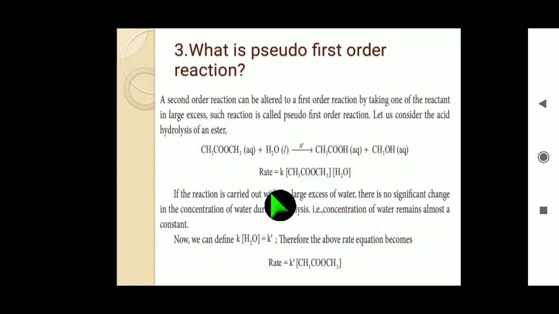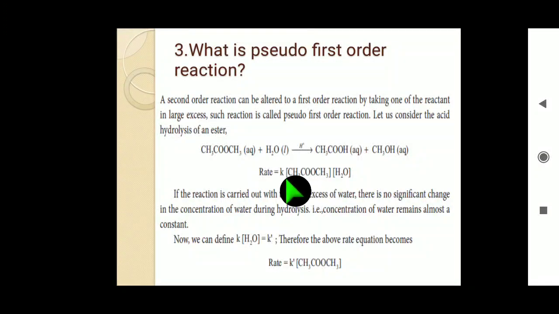From that we can find that the changes occur only in the methyl acetate, not in water. That's why the concentration of water remains almost constant. Now we can understand why it is called pseudo first order. The rate depends only on the methyl acetate, not on the water, because water is constant.